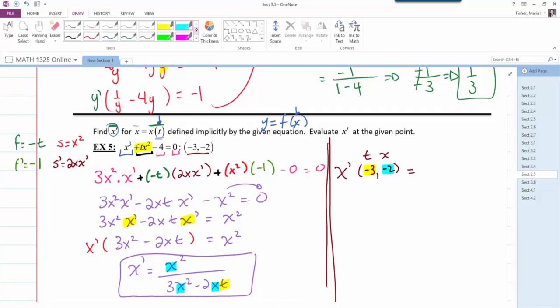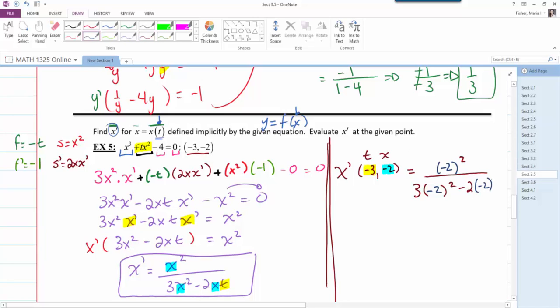If I try to evaluate this, I'm going to end up with -2 squared over 3 times -2 squared minus 2 times -2 times -3. Okay, now let's just work this problem out. -2 squared in my numerator is 4.